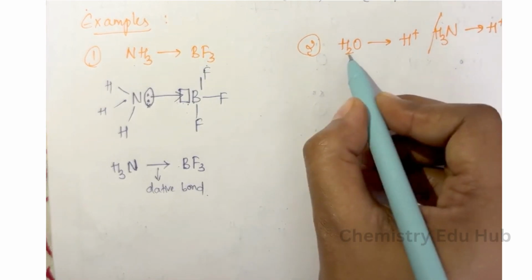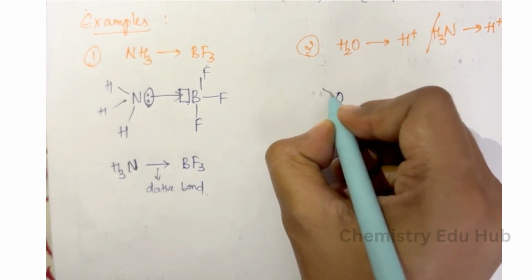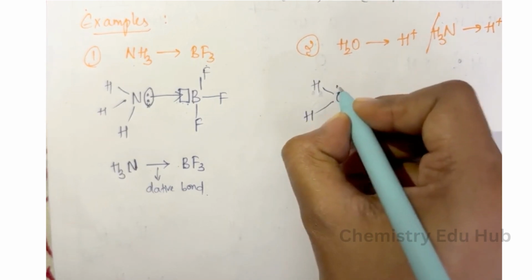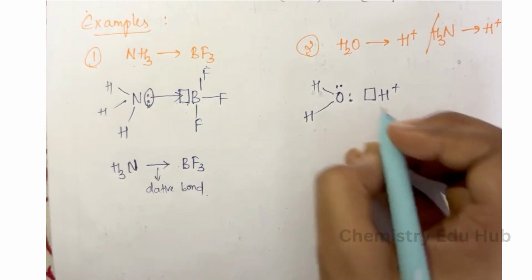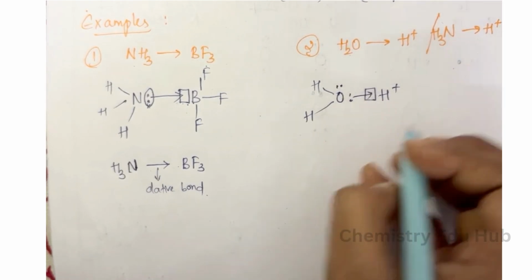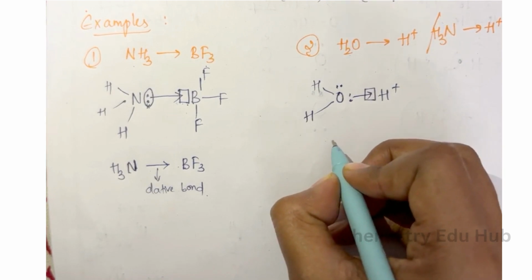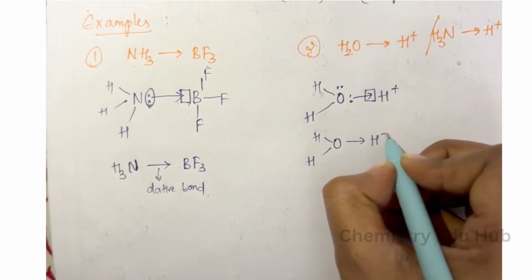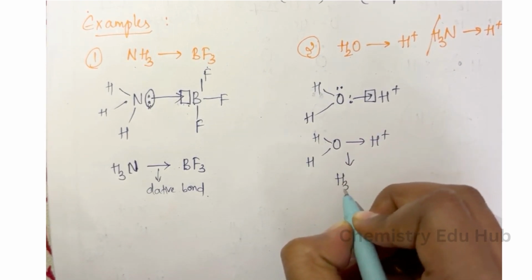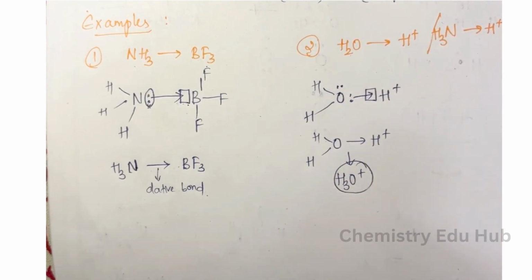Similarly, you can see between water, where water has 2 lone pairs and the hydrogen H+ has a vacant orbital. So this electron pair will be given to H+. So you see the bond formed between water and H+, and this is the formation of H3O+ hydronium ion.